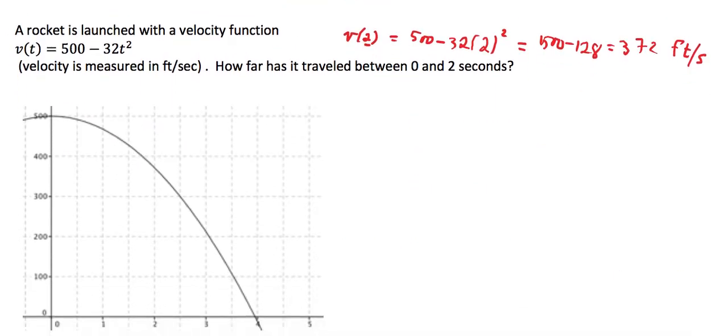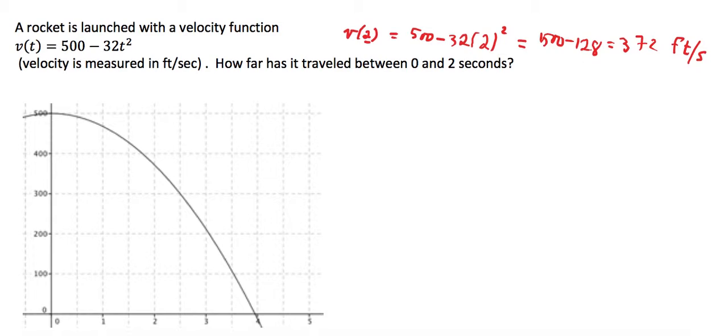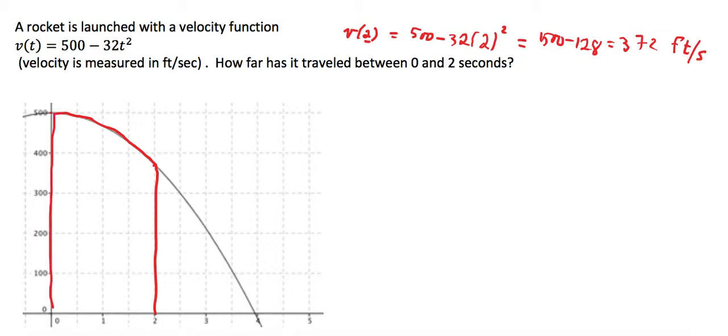So we can still apply the same concepts, although the geometric calculations are going to have to change a little bit. So what we need to do here is to find the area beneath this curve from time equals 0 to time equals 2. We need to find this area right here.